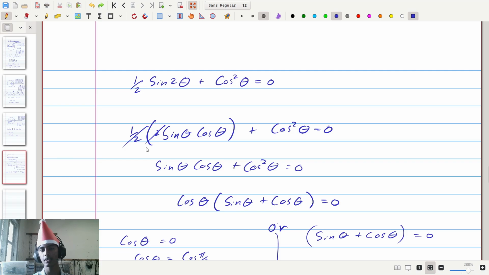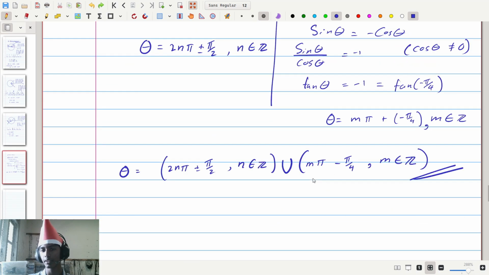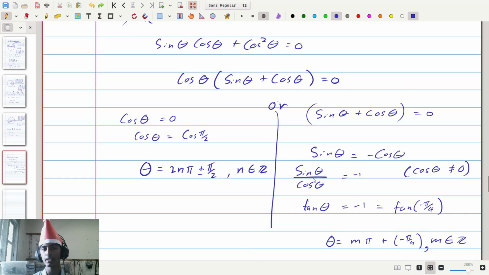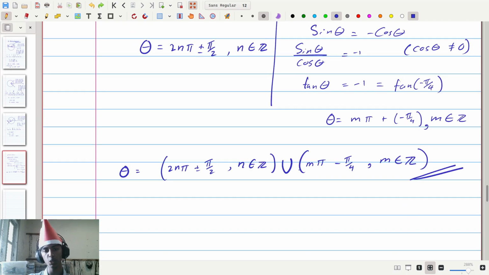It tends to make our solutions easier to figure out. Then, if it's possible, we try to factorize and get something like this, where multiple factors are multiplied together and equal 0, in which case we can consider each factor separately, and then take the union of all the cases as the final set of solutions for theta. So that is the set of solutions for theta in this particular case.